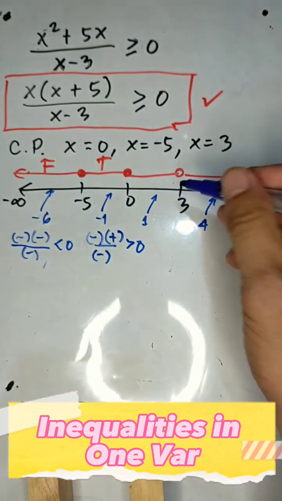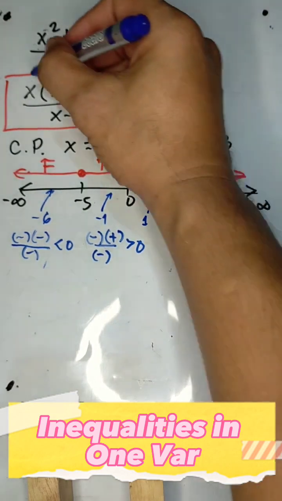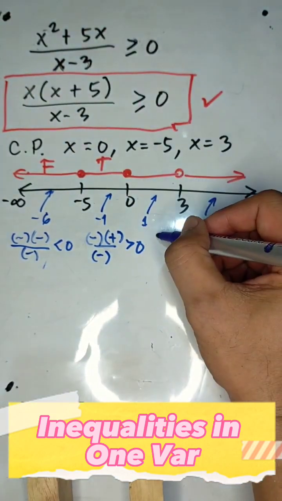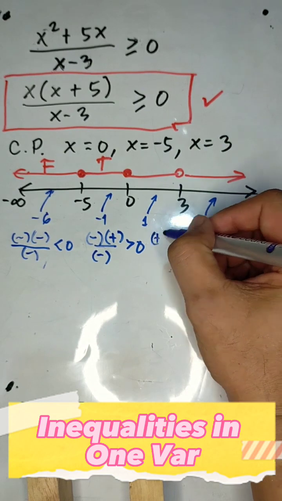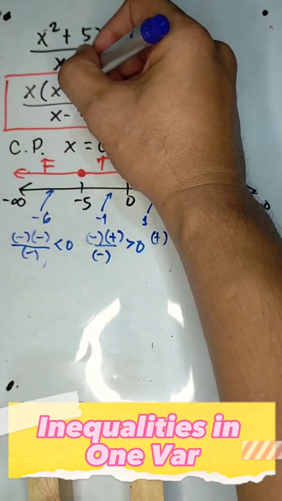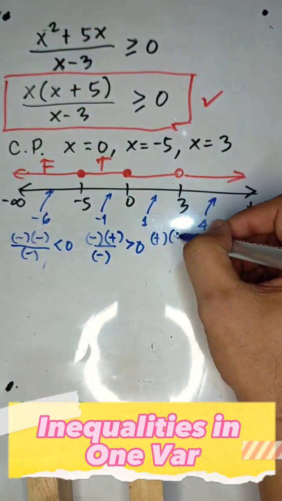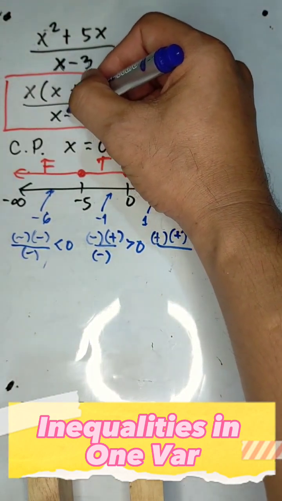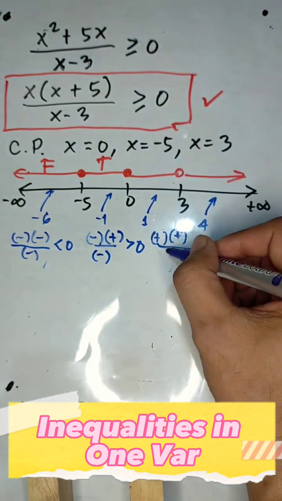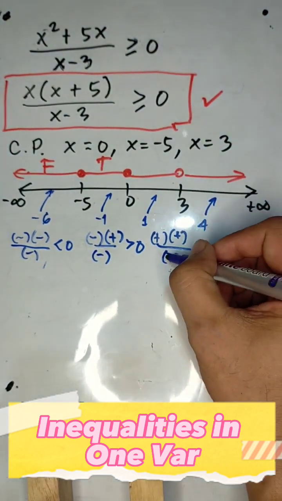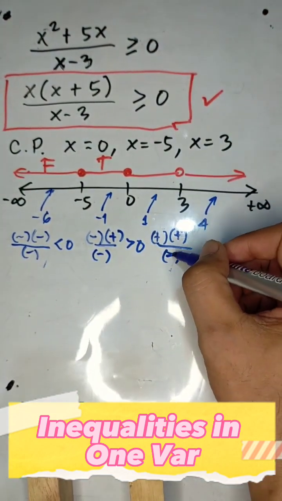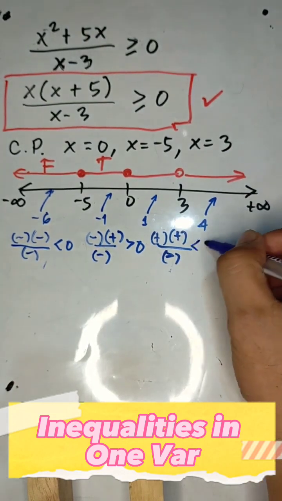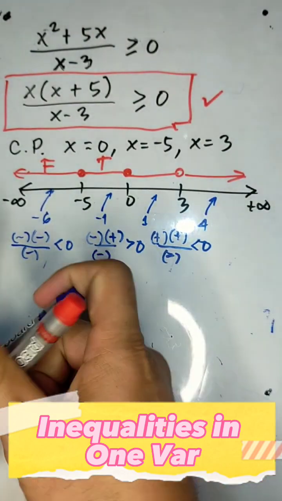Let's go here. When x is 1, the first factor is positive. 1 plus 5 is positive 6, so the second factor is positive. At the denominator, 1 minus 3 is negative. Positive times positive is positive, divided by negative is negative. So this interval is false.